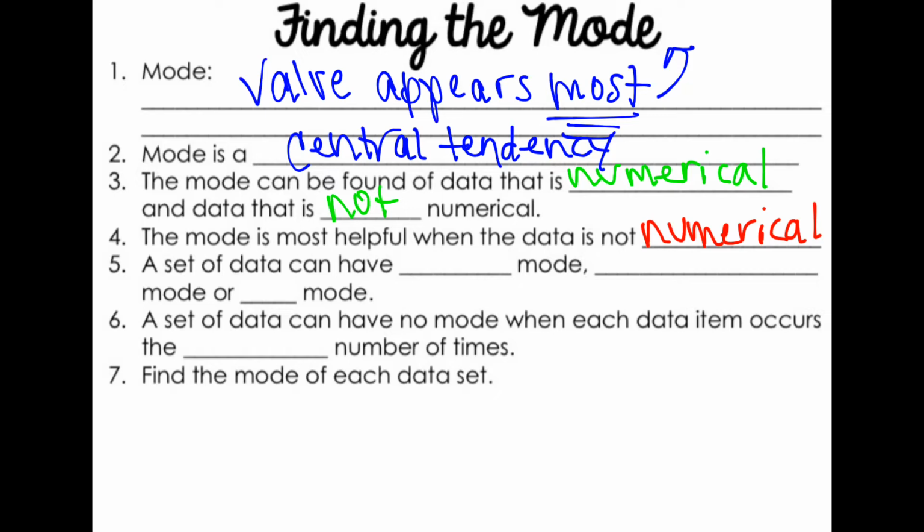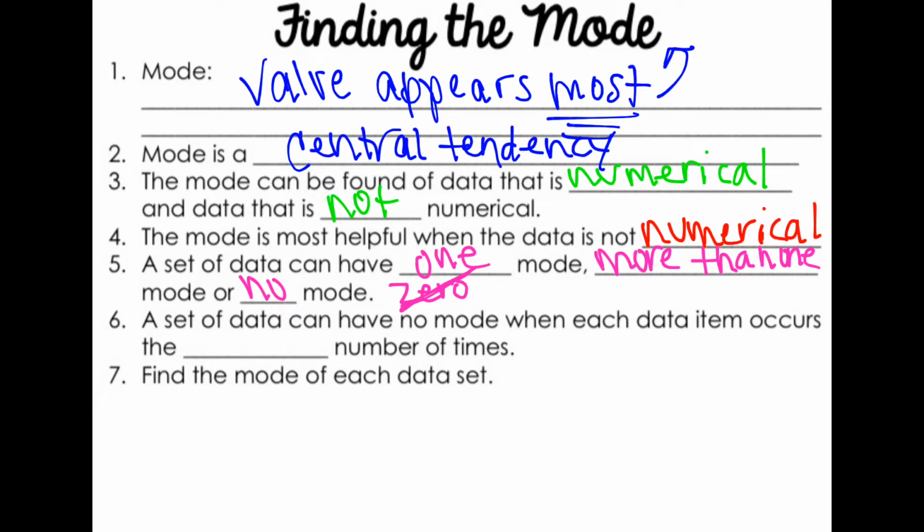A set of data can have one mode, more than one mode, or no mode. So when we have data that has no mode, you don't write 0. You would never write 0. That is a big no-no.